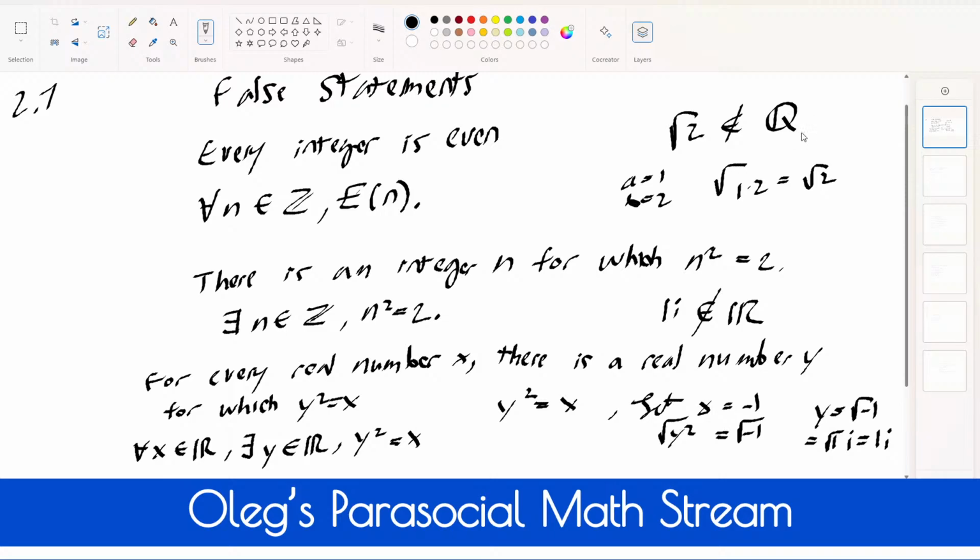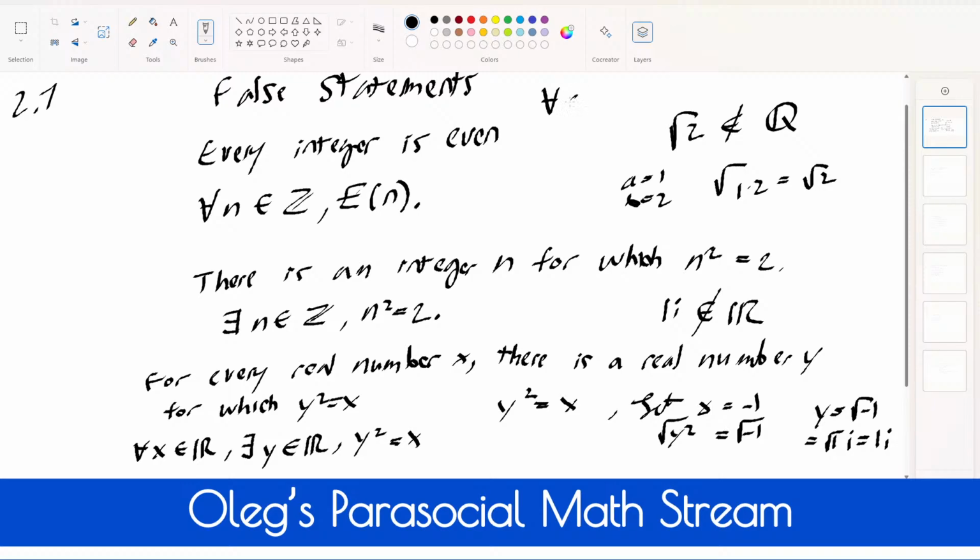Root 2 is a good one to keep in the back of your head, just as you remember how you can't square root -1. Root 2 is a very easy one that does not exist in the rational set. So that's a good convenient number. But again, I am going off on a tangent. I didn't actually write down what they wanted us to write down.